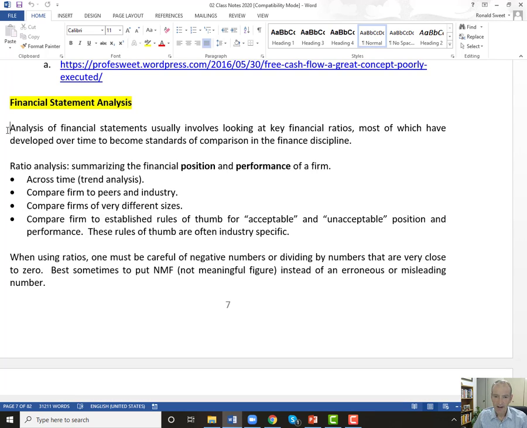This is something I'm real picky on. You're going to find I want to make sure what you do is truly meaningful. One of my biggest frustrations with financial statement analysis, and I've seen it so many times, is students who sit down and do it and they're not saying anything. It's a lot of words.